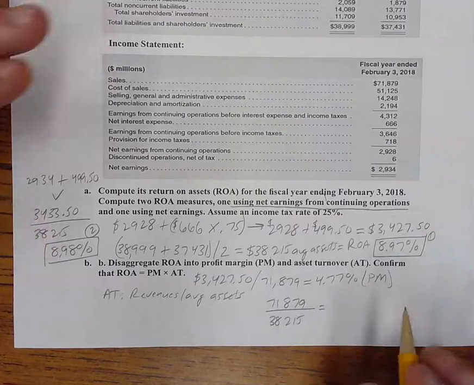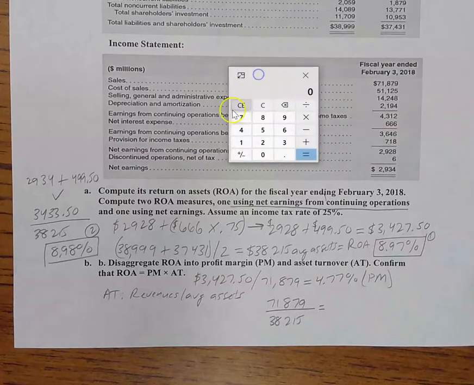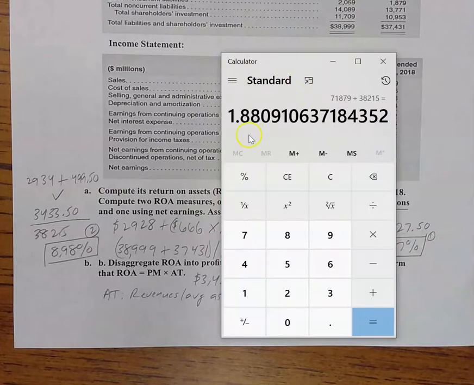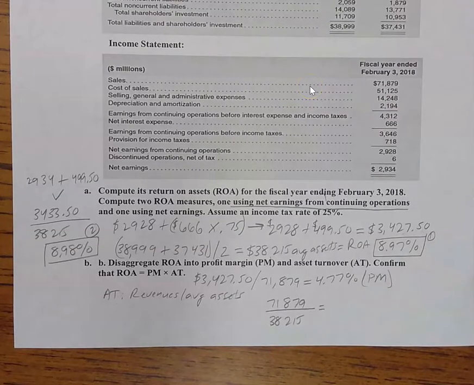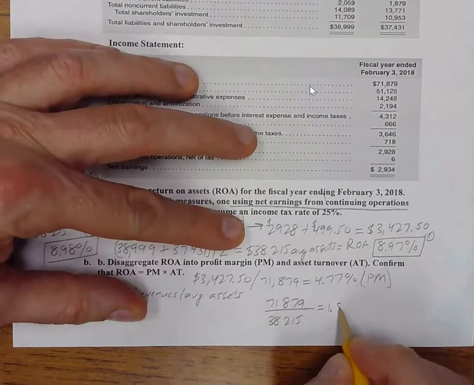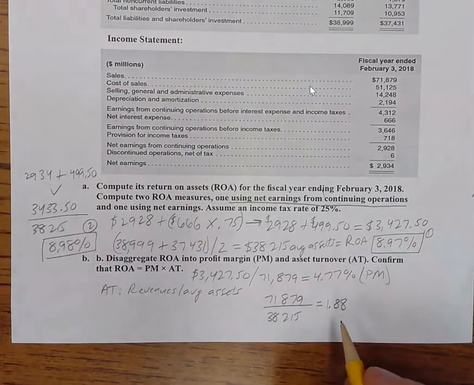So let's do that. 71,879 divided by 38,215 average assets. And that gives us 1.88. So this is our asset turnover ratio.